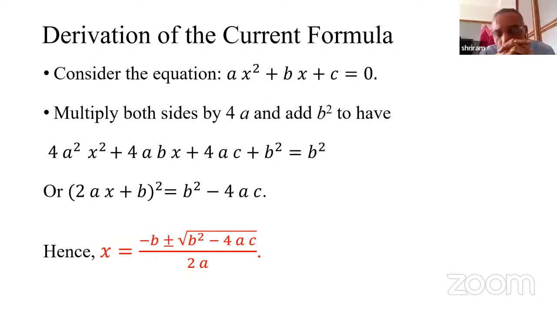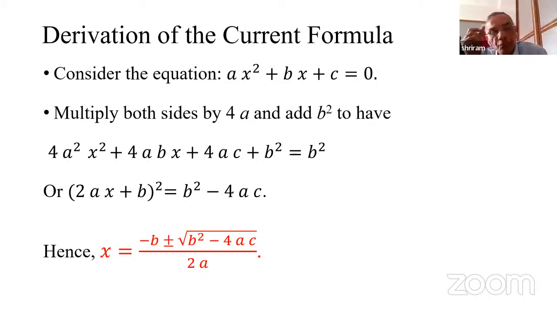To avoid fractions, Sridhara has suggested multiplying by 4a and then adding b square, so that the original numbers a, b, c increase to 4a square, 4ab and 4ac. But finally, it reduces to a very simple form and its deduction.